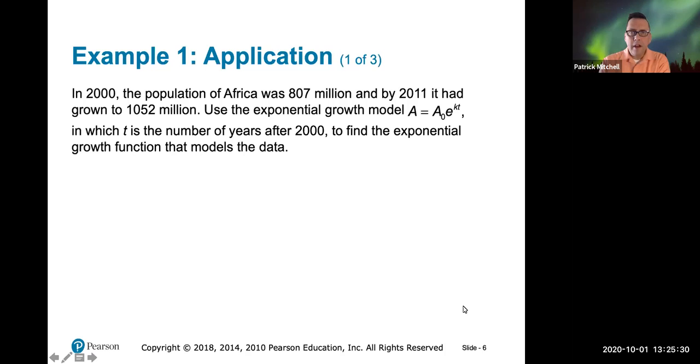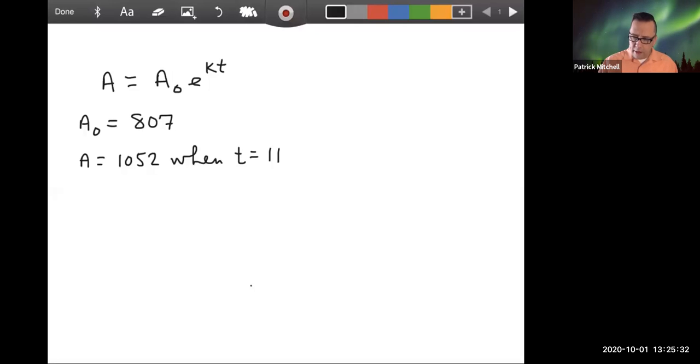So what I have done on my tablet is I've written down the growth model, A equals a sub 0 e to the kt, and then the given information translates like this. So a sub 0, which is the original amount, is 807. We're going to measure the population in millions.